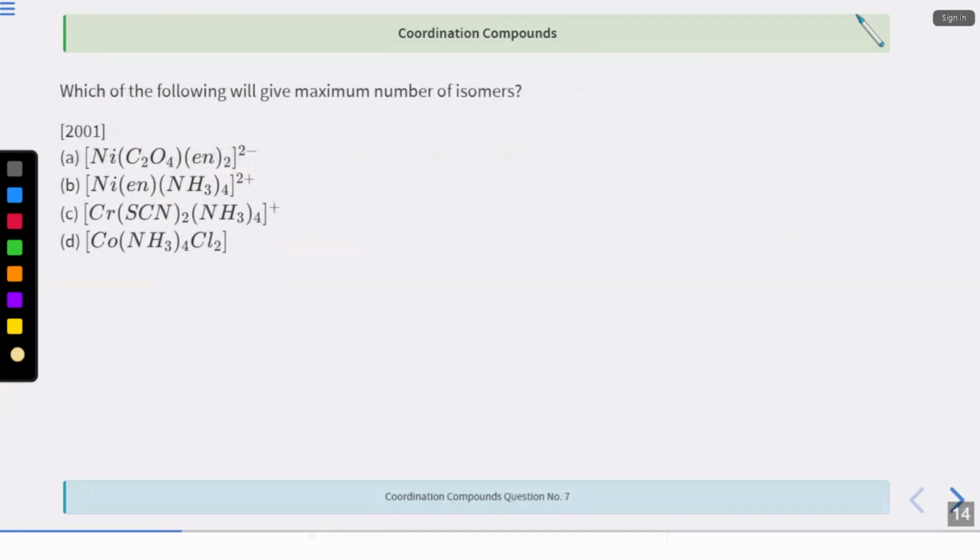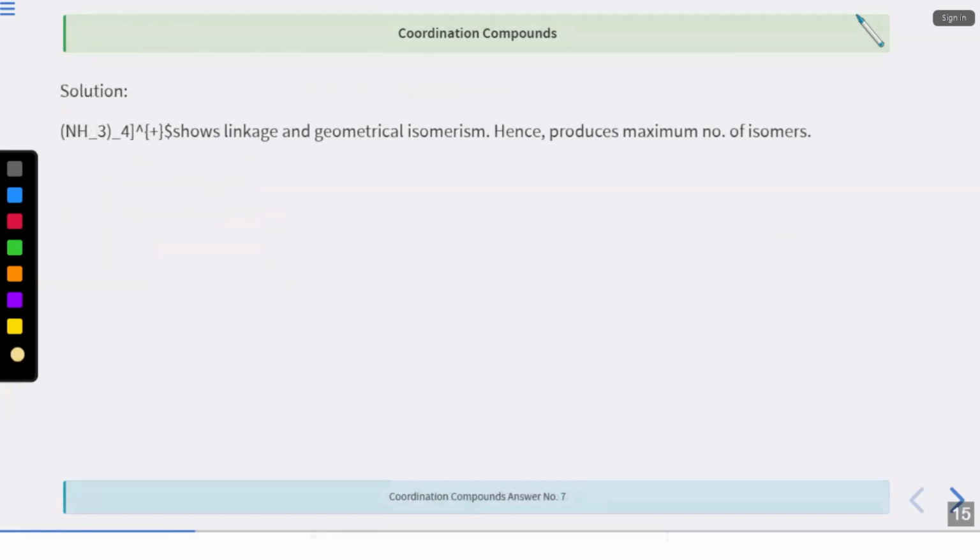Moving on to question number 7. Which of the following will give the maximum number of isomers? So again, one question on isomerism. Let's see.